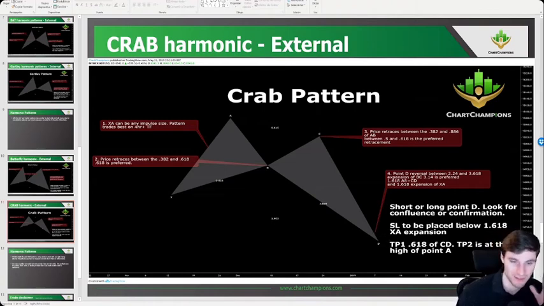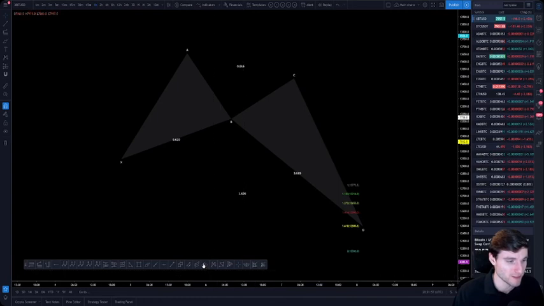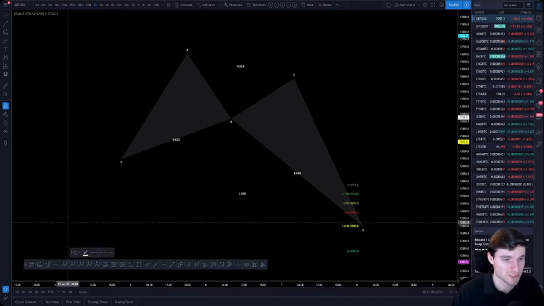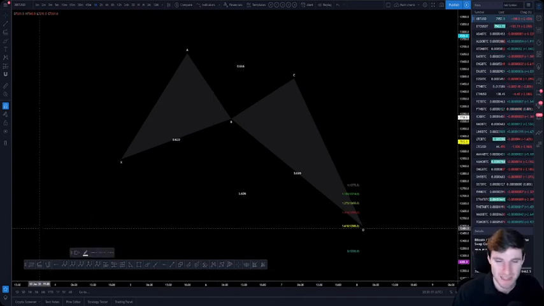Stop loss, again, I prefer to use market structure if I'm honest. I did make this cheat sheet a while ago, back in May, but for the 1.618 expansion of X to A, I guess you could use that, but it just makes more sense to use market structure in my opinion. It's just hard to show that because every example is going to be different.